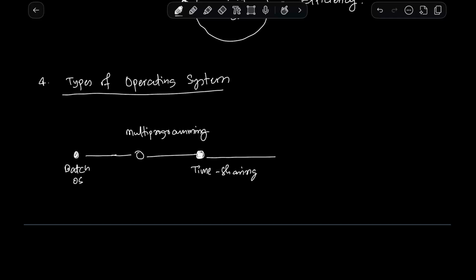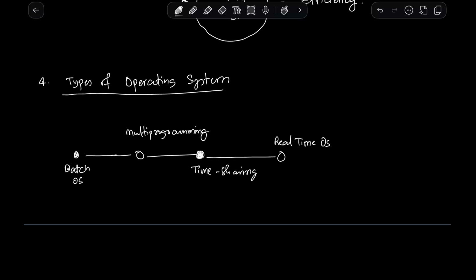Now comes the real time OS. Think of systems for rockets, drones, or something like that. This particular OS isn't about average speed. It is about absolute certainty.